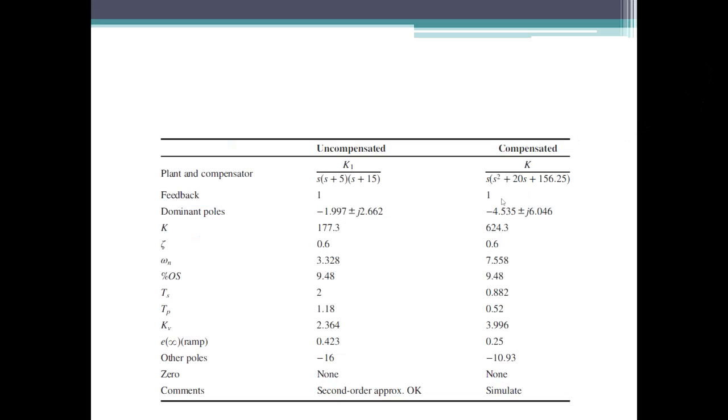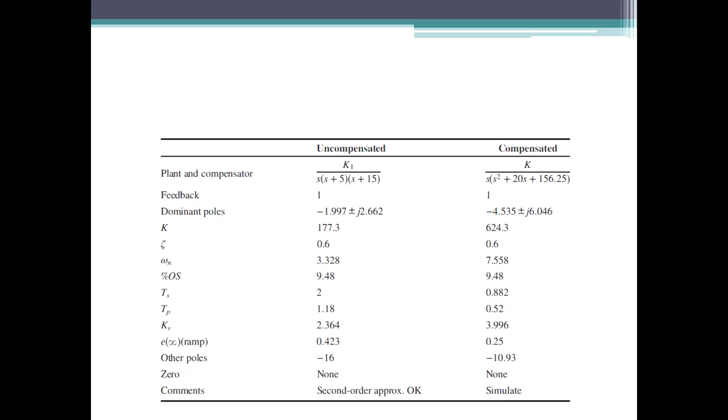The results for the approach number 2 example are summarized in this table. You can see that the compensated system, although having the same damping ratio as the uncompensated system, which is 0.6, is much faster and also has a smaller steady-state error.